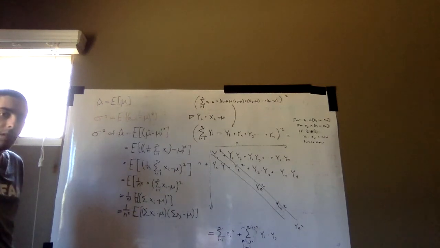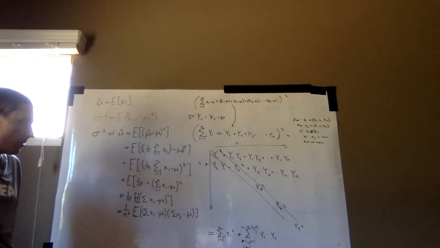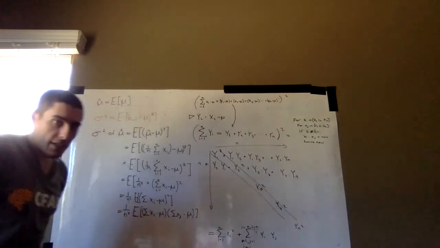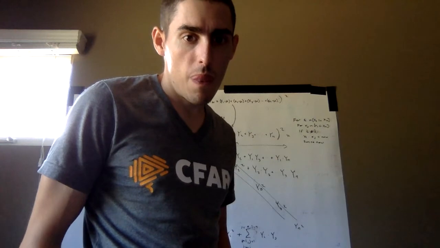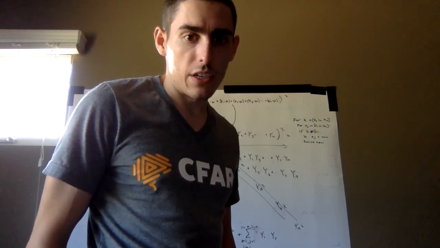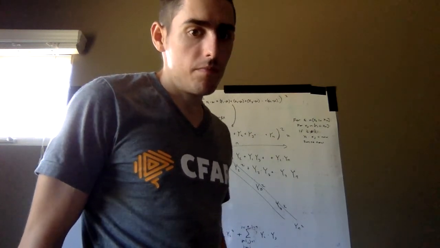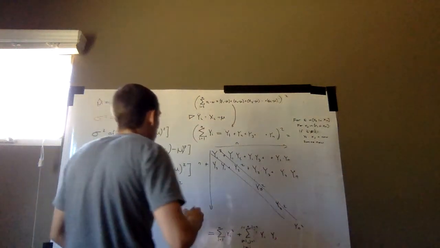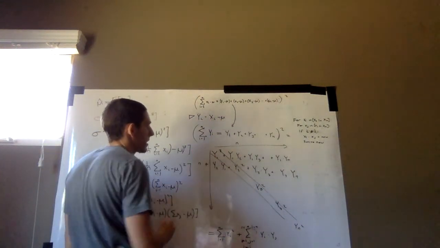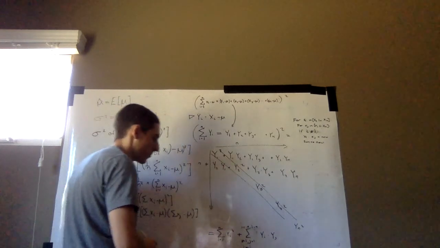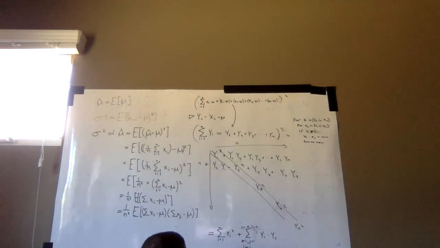All right. So now we want to simplify that. One thing that we're going to do is remember that yi is just a shorthand for xi minus mu. So we're going to put those back in.